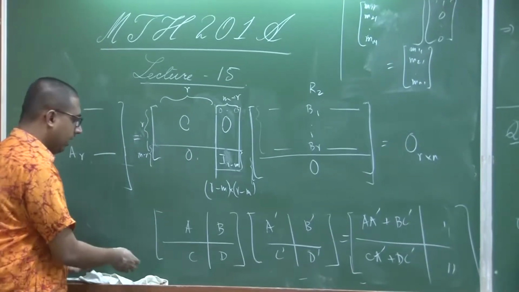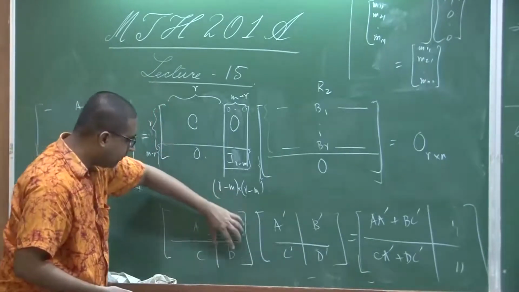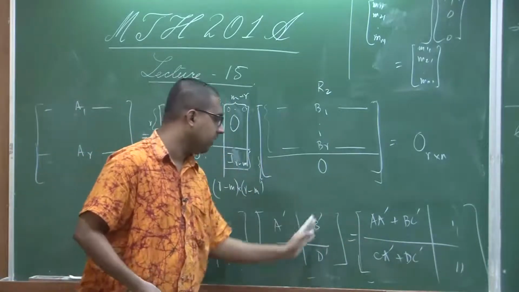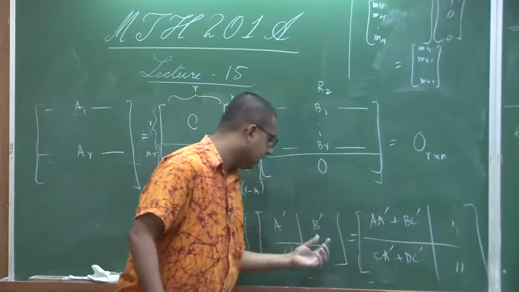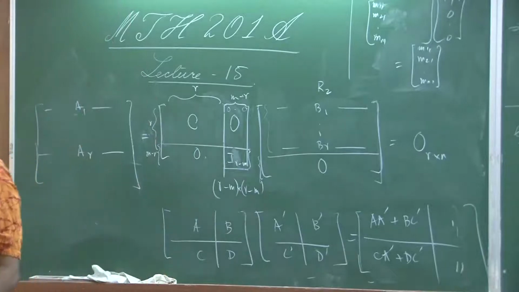Remember this is just a generic way. If some block has size 0, then automatically that block is regarded as absent.